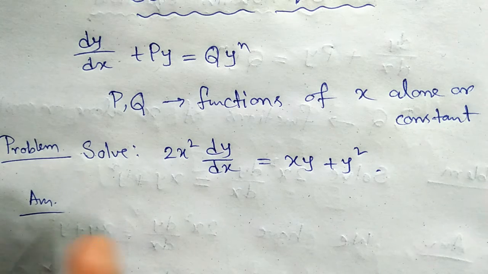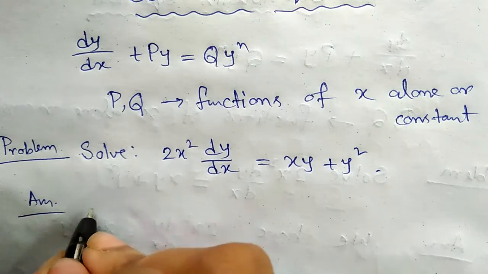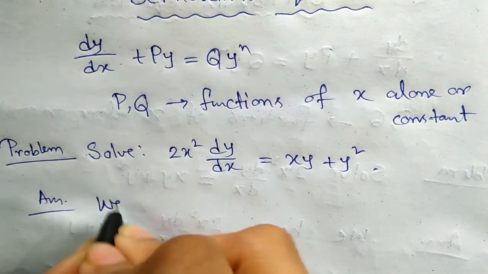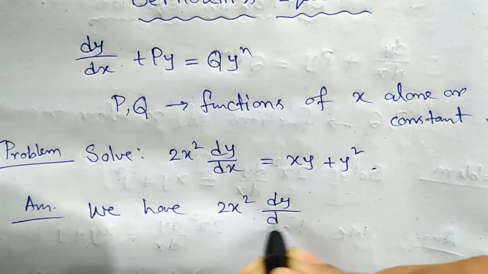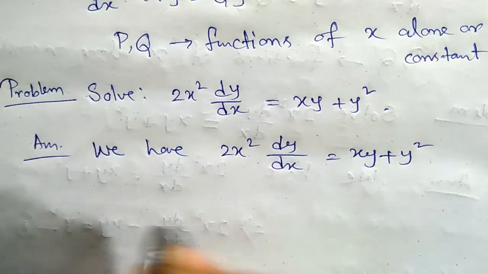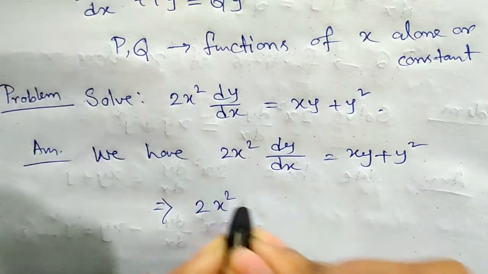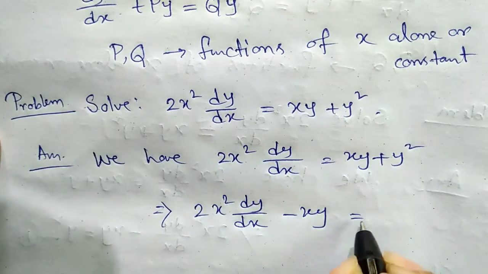For this, we come to a problem: 2x^2 dy/dx - xy = y^2.